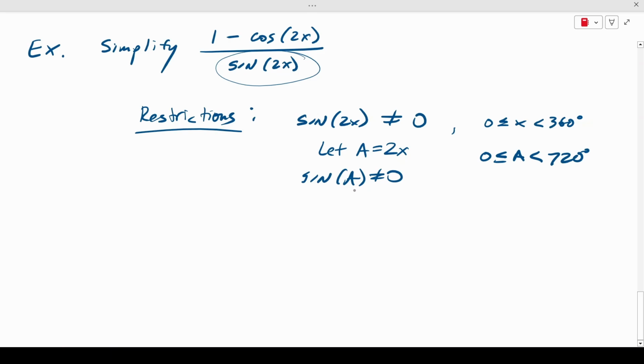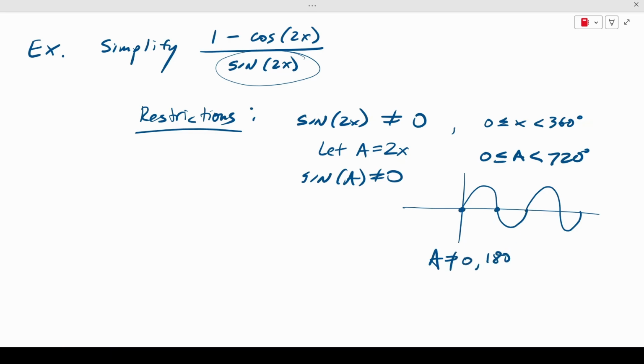Okay, so now a then, 2 revolutions, sine looks like that, that's 360, sine looks like that again, that's 720. So a can't be 0, it can't be 180, it can't be 360, it can't be whatever that one is there, I guess 540.